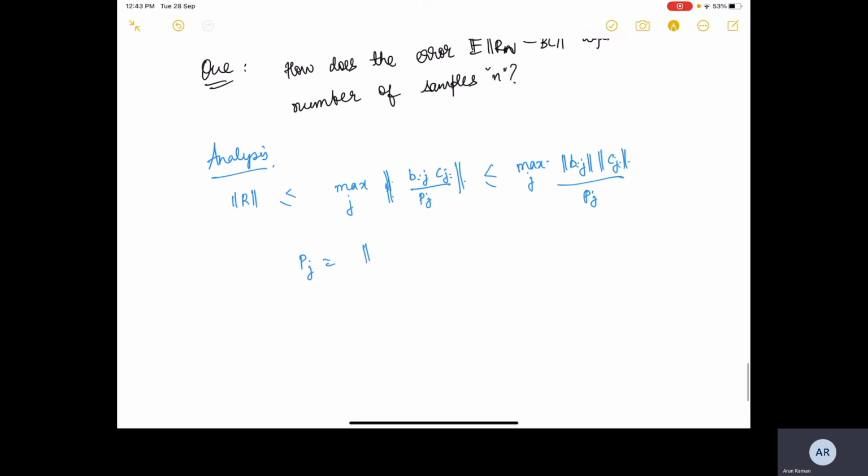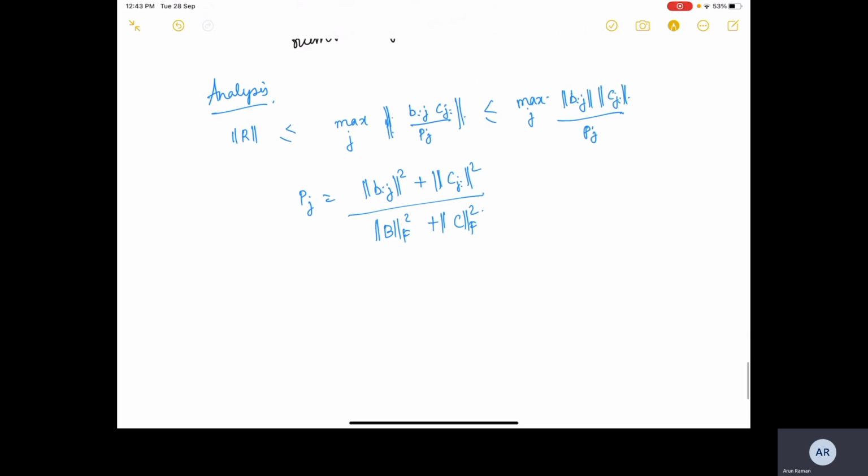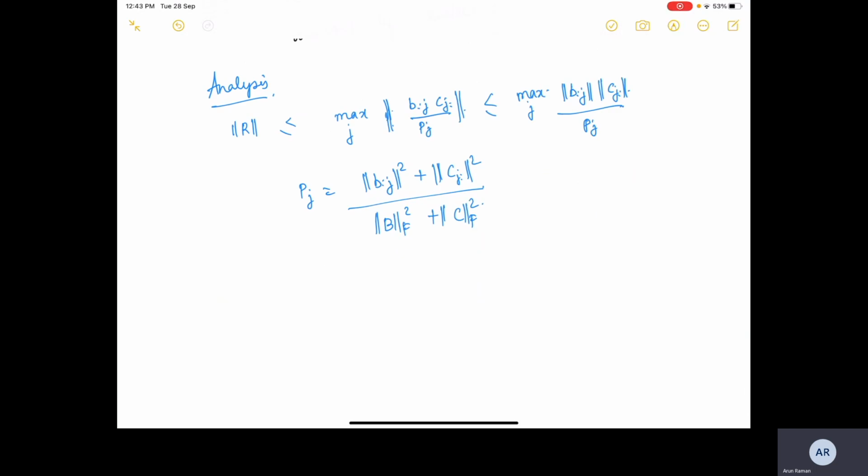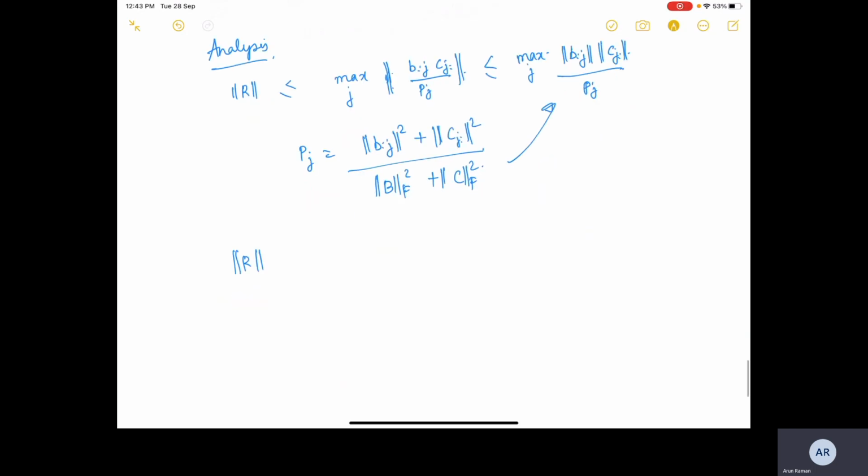Just again to recall, our Pj was this. When we substitute the value of Pj here, what we obtain is that the spectral norm of R is less than or equal to the sum of the Frobenius norm squared of C and B, and the max over j. The rest of the expression more or less remains the same.